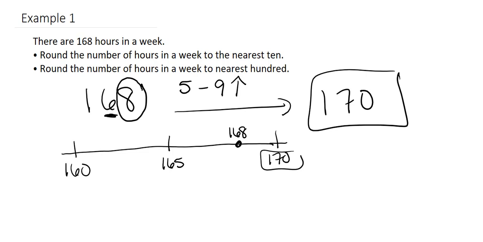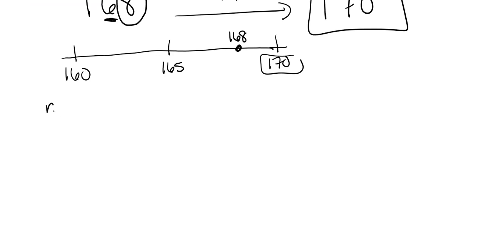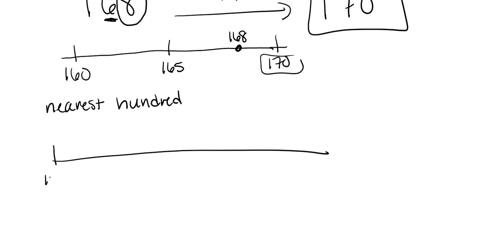Now the second part of the question is round the number of hours in a week to the nearest 100. Well, 168 is between what two hundreds? If we were to draw a number line, we would have 100, and then 200.